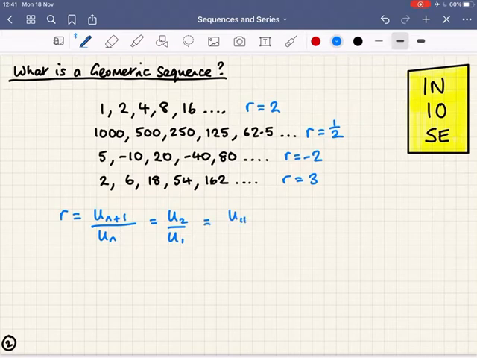So it could be the 11th term divided by the 10th. They will all give us the value of r. And we can also write that the (n+1)th term is always the previous term, u(n), multiplied by that common ratio r. So we have a good idea here of how a geometric sequence is working.